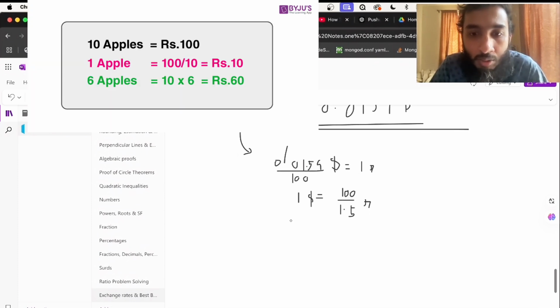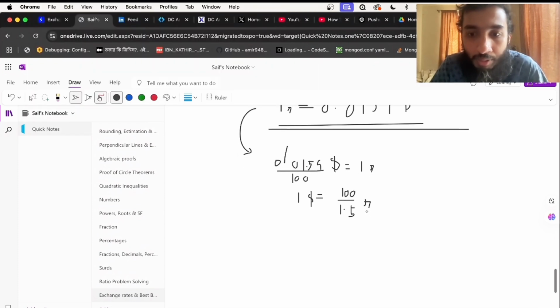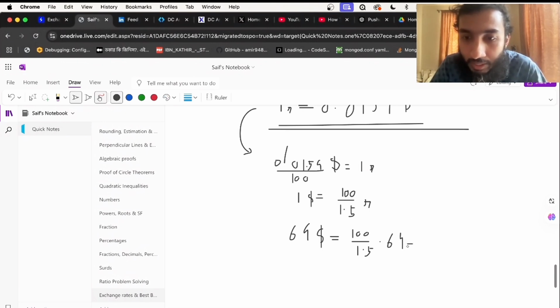If $1 is 100 divided by 1.5 rupees, then what is $64? $64 is 100 divided by 1.5 multiplied by 64. This can also be written as 6400 divided by 1.5.